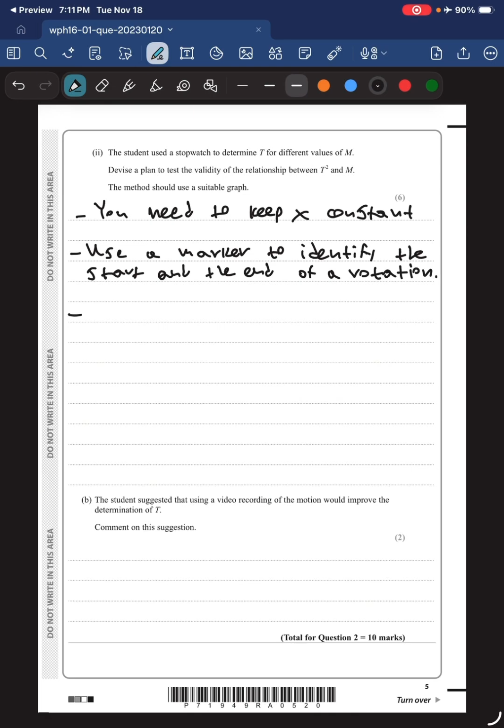You have to set the band into rotation and start measuring after a few rotations.